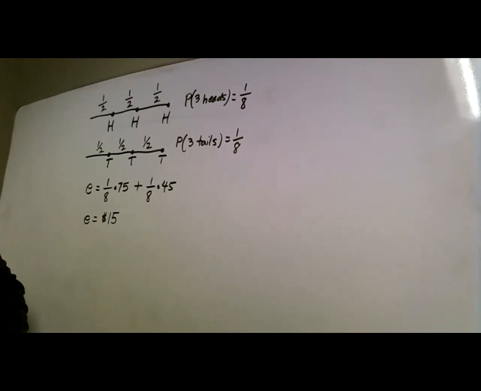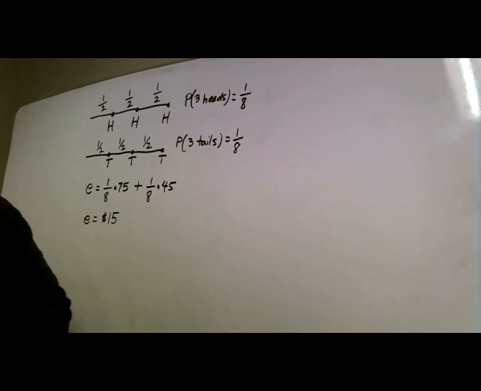Or you should win on average $15. Because there are going to be some tosses where you will get all 3 coins to be heads or all 3 coins to be tails. And on other cases, you'll get a combination of heads and tails. Okay. Questions on expected value and how we calculate expected value?